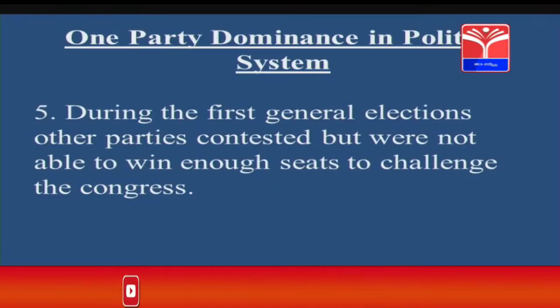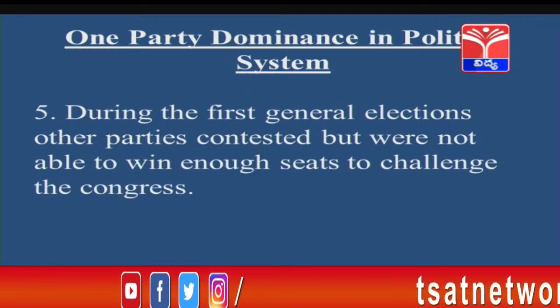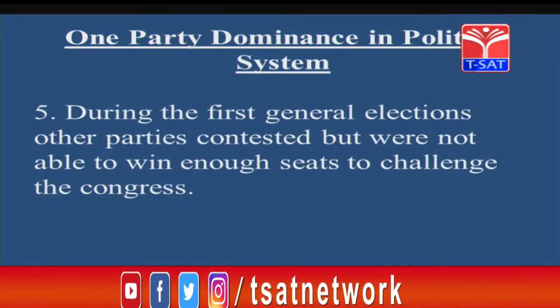So, most people describe this era as the Congress system as no other party could challenge it. During the first general elections, other parties contested but were not able to win enough seats to challenge the Congress.